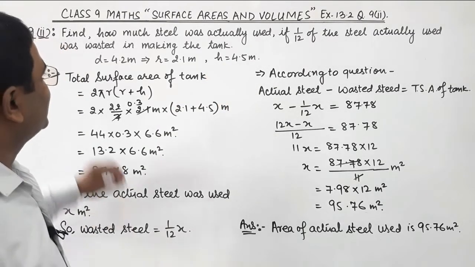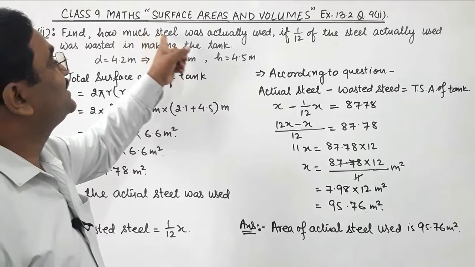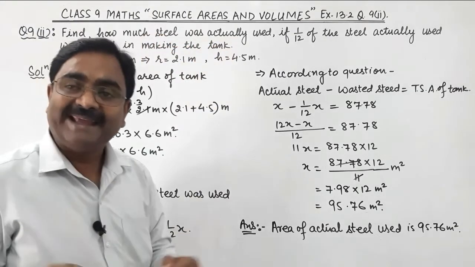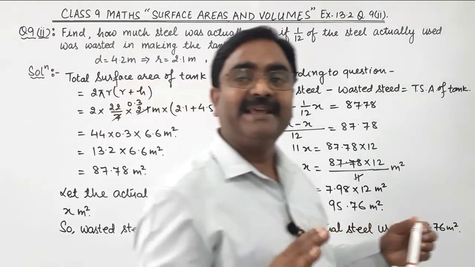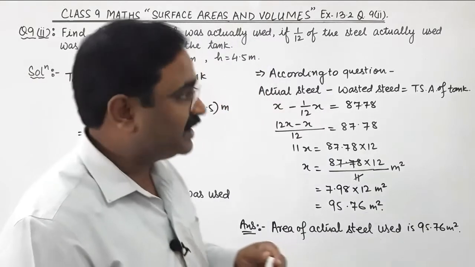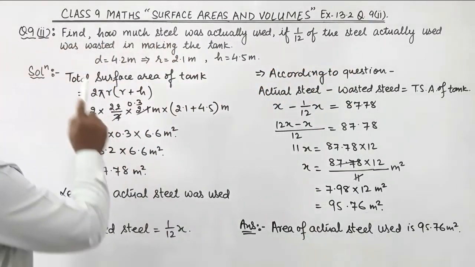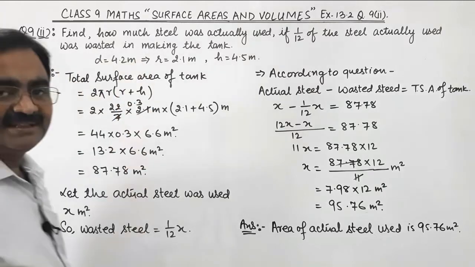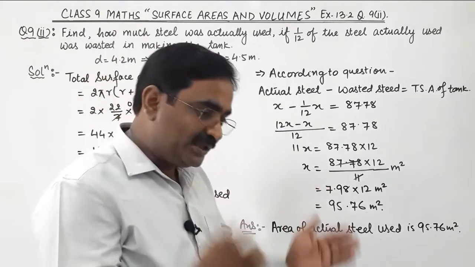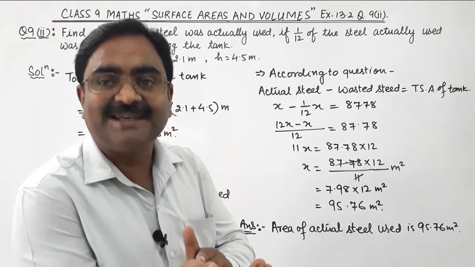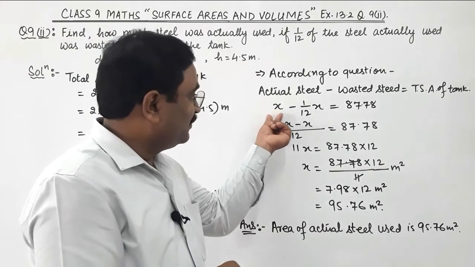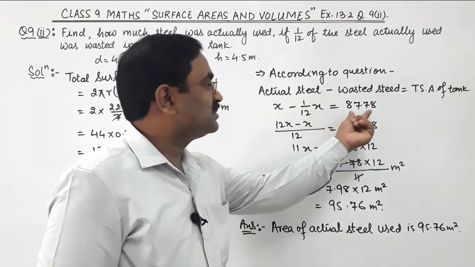After that the question is asking, find how much steel was actually used in making this tank, given that 1/12 of the steel was actually wastage in making this. So of the steel taken, 1/12 was wasted.